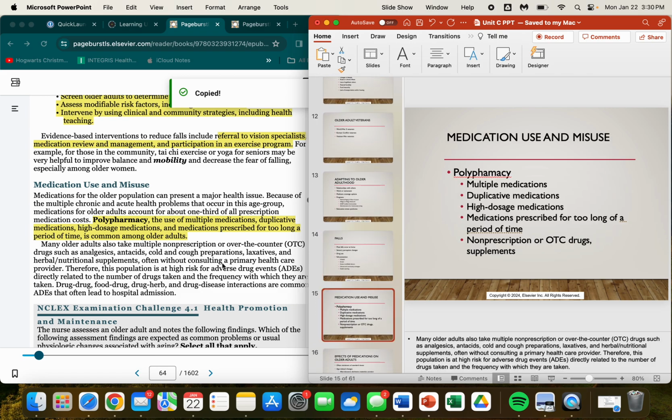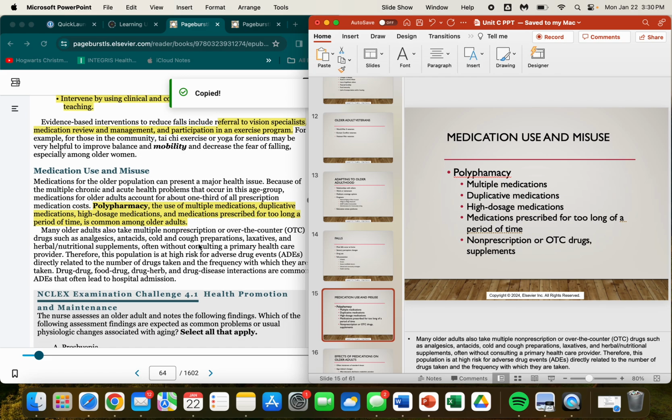And then rolling into medication use and misuse, one of the biggest things for the older population that can present a problem is medication. Polypharmacy, we talked a little bit about this last semester, but polypharmacy is the use of multiple medications, duplicate medications, high-dose medications, and medications that are prescribed for too long of a time period, longer than needed, right?